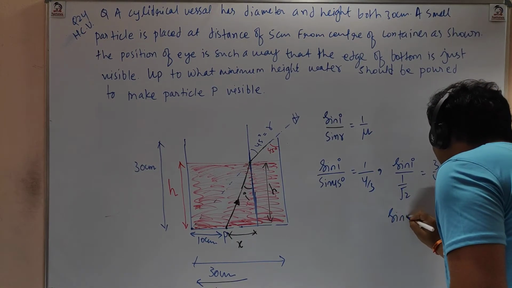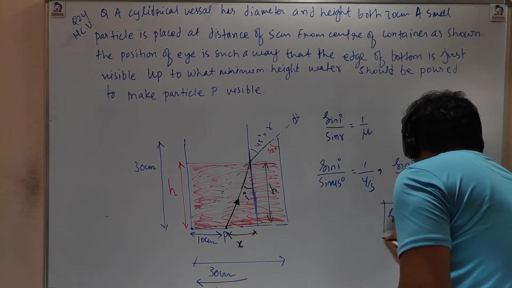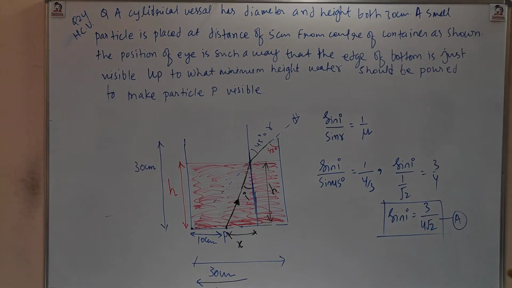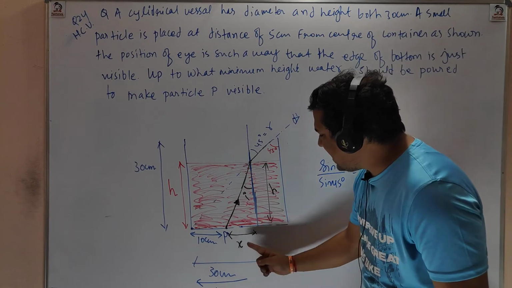So you got sin i as 3 by 4 root 2. That's good. We got the value of sin i.